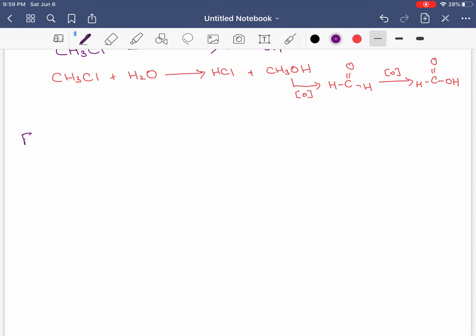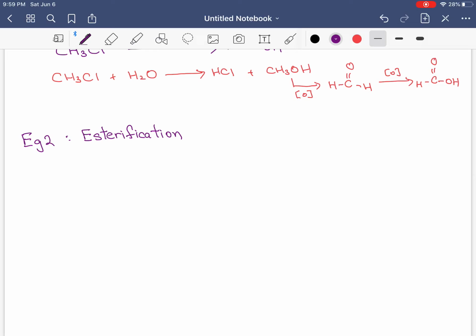So let's call this example 2. This one is extremely important, known as esterification.